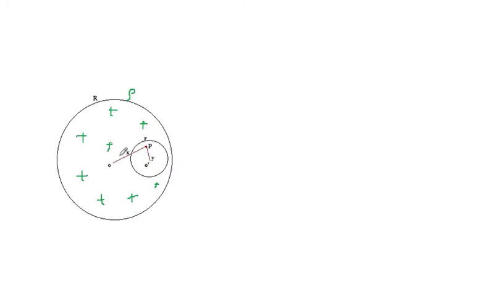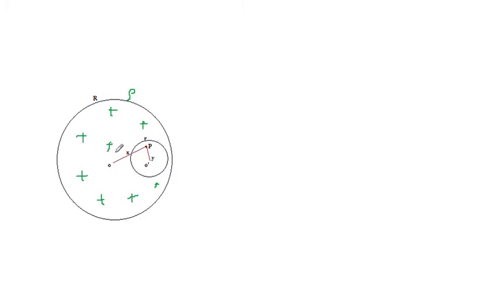Be careful about the geometry. X is the distance from O to P and Y is the distance from O dash to P, and small letter r symbolizes the radius of this cavity and capital letter R symbolizes the radius of the big sphere.